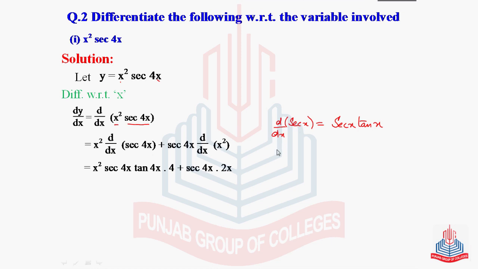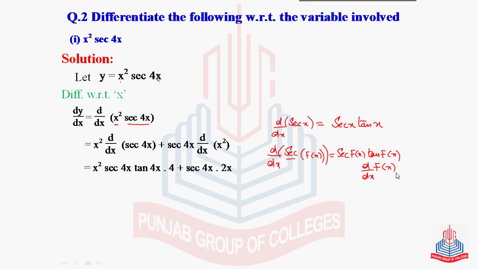And whenever we have an angle which is a multiple of x or itself a function, if we generalize this result, the derivative will apply in such a way that the derivative of secant f of x will be secant f of x tan f of x, and then the derivative will also apply on the angle separately.